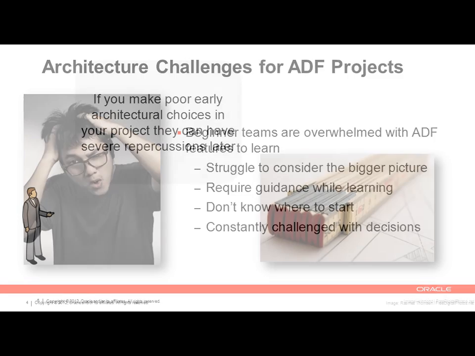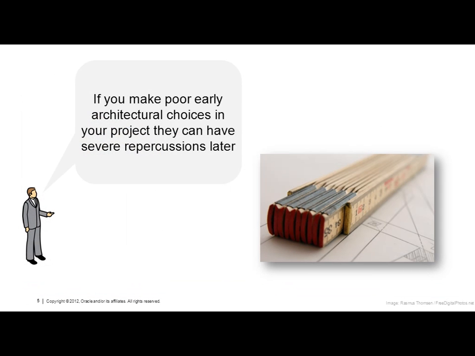So with that challenge in mind, one of the major issues is if you make some architectural choices while building your ADF projects, and maybe they're not deliberate choices, maybe they're accidental choices or choices because you didn't know a certain feature existed. Unfortunately, the ADF architectural choices you make early on in your application can have large or severe repercussions later on.